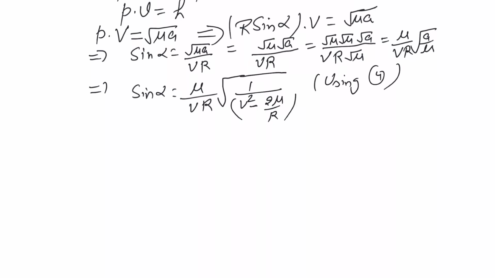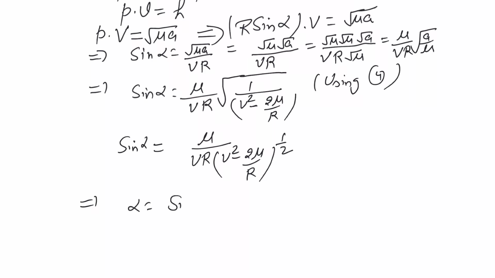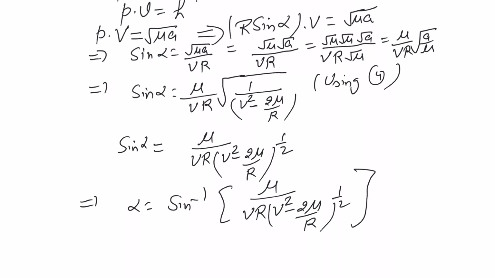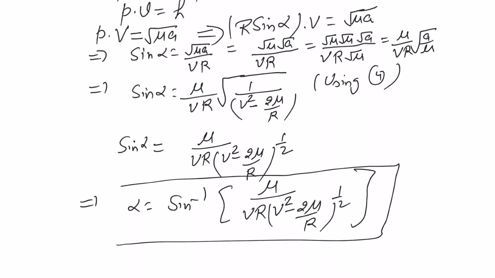So this implies that sine alpha is equal to mu upon VR times V square minus 2 mu by R raised to the power 1 by 2, implies alpha is equal to sine inverse of mu upon VR times V square minus 2 mu by R raised to 1 by 2, and this was required to prove, the angle of projection is this one.